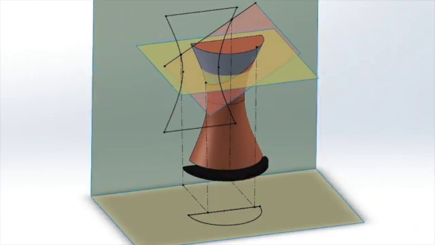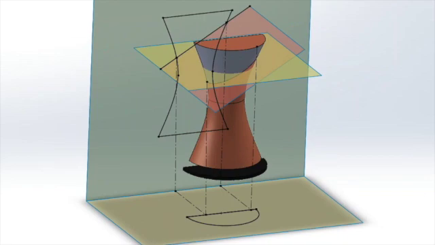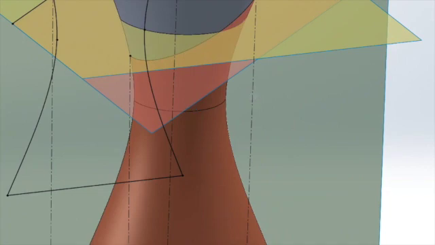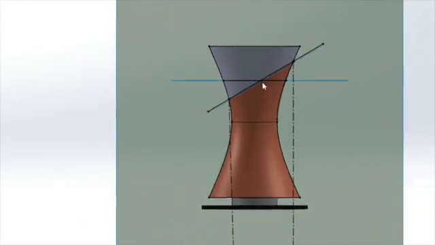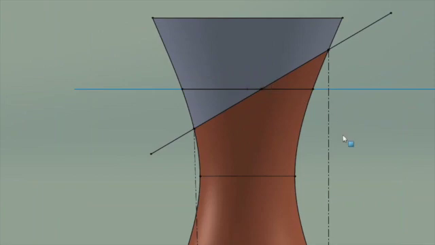If you see there, the point that's on the yellow plane and on the orange plane is the point that we're looking for. You can see where they intersect. So that's my horizontal section there, that semicircle. There's a point on that semicircle that's on my cut surface, so I want to project that particular point to plan.